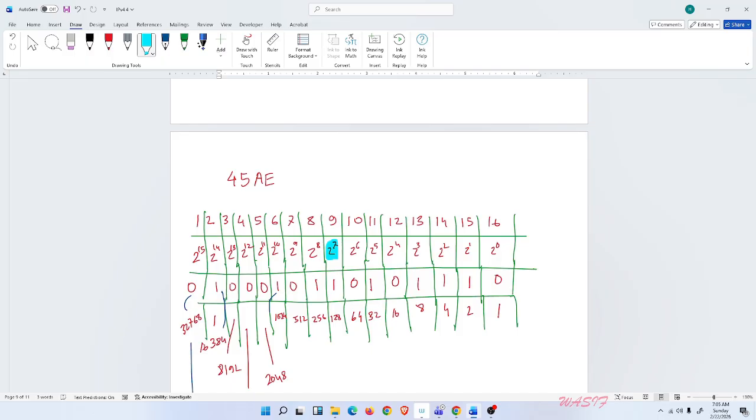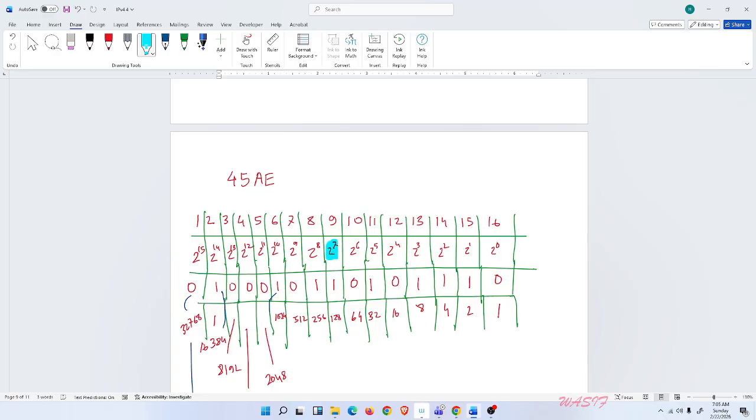Now we have 8 more, so 8 plus 8 is 16, but together. Then 9, 10, 11, 12, 13, 14, 15, 16. If you put the binaries accordingly, you will find the binaries this way.